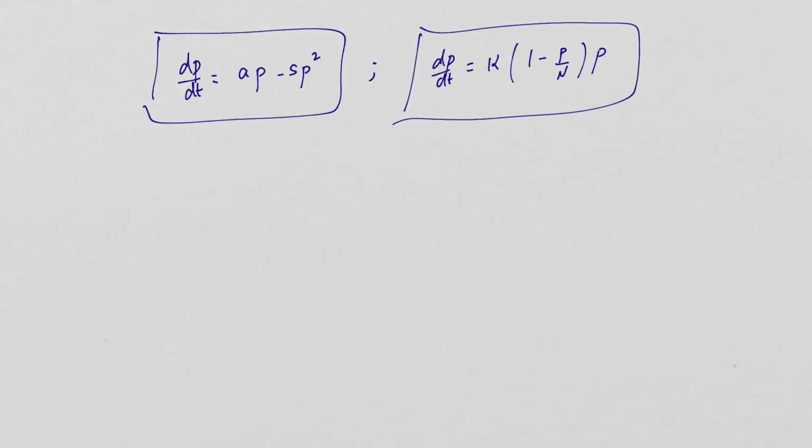Let's say you have a population of fish. It's a large population, let's say of size n. So you have n fish in some body of water.